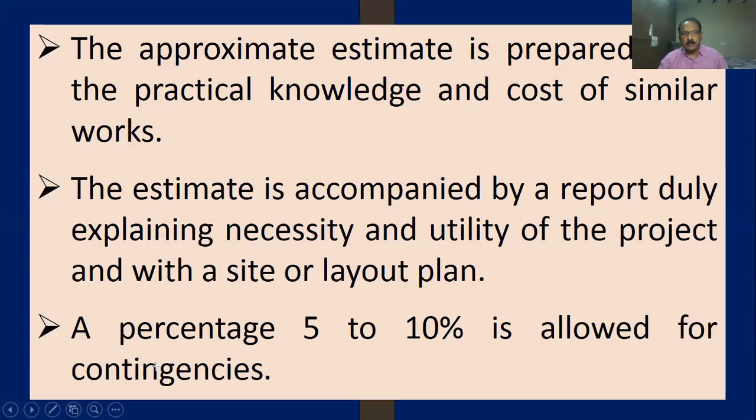What is the percentage allowed for contingencies? 5 to 10%. Remember, in the approximate method, we will allow 5 to 10%. This is also an important bit question for all competitive examinations.